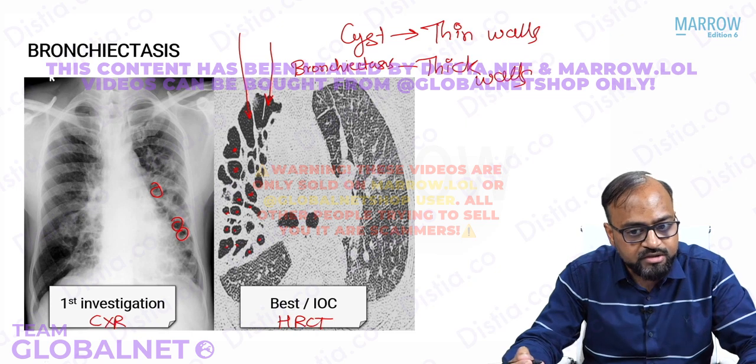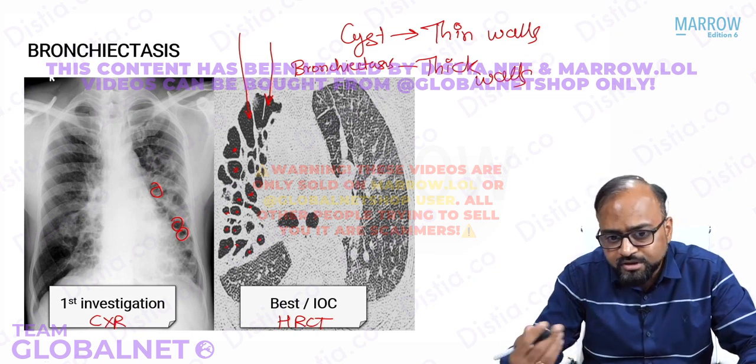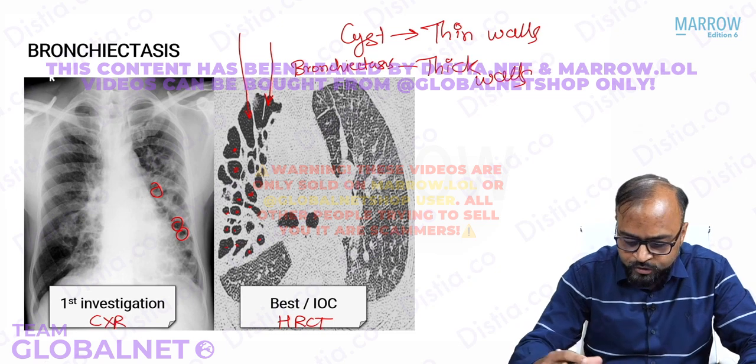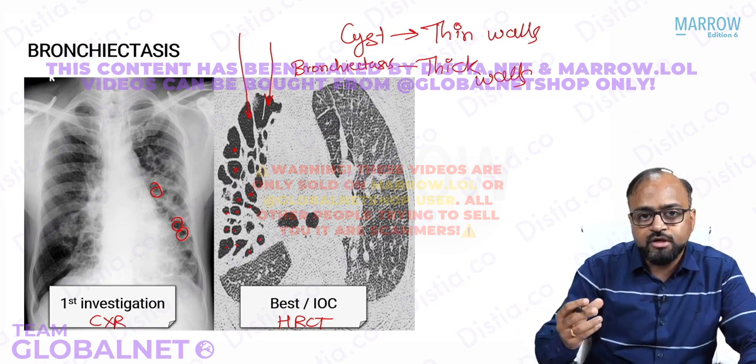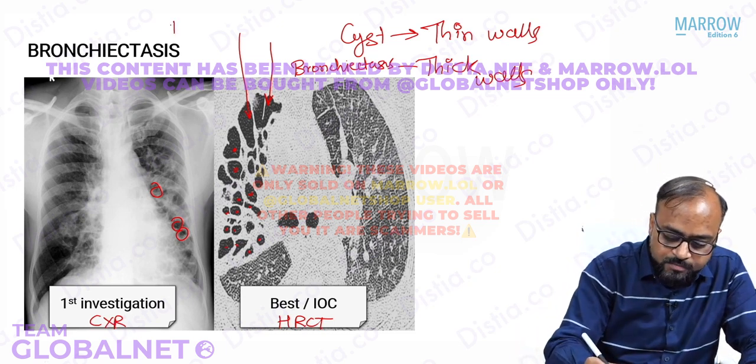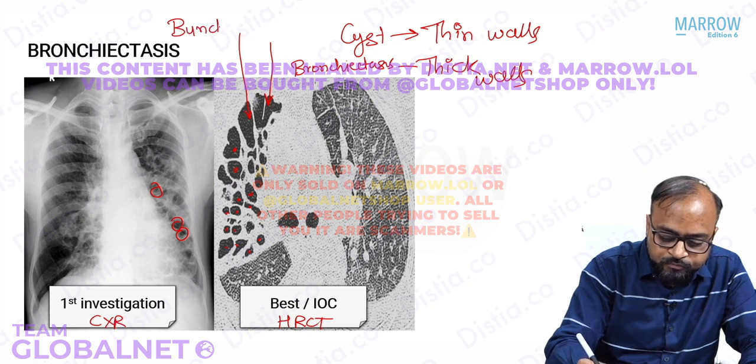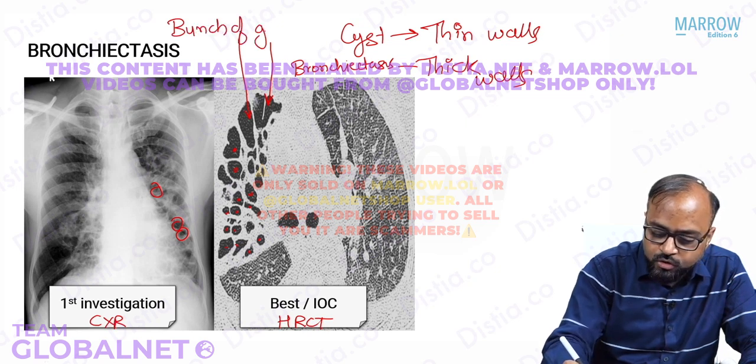This is bronchiectasis. There are various named appearances and signs that have been described. This clumped appearance of the bronchi on CT is called the bunch of grapes sign.